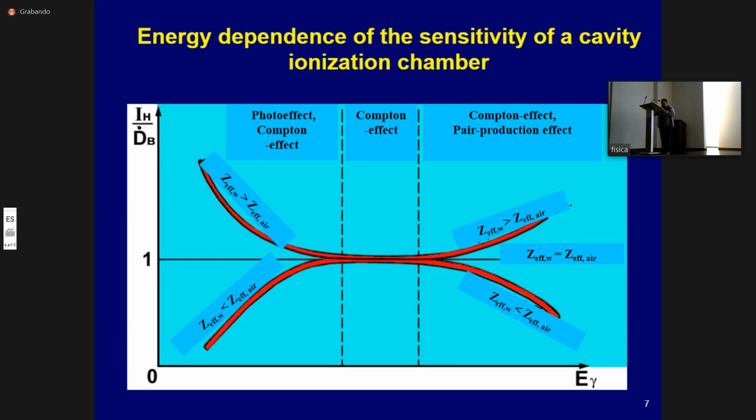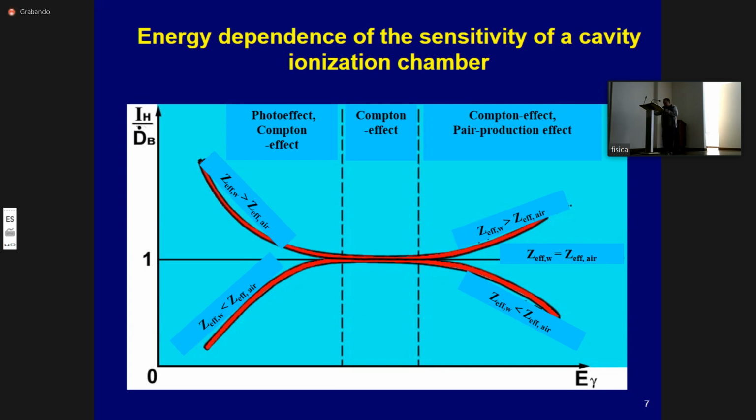A special case of a homogeneous chamber is an air-equivalent chamber, the effective atomic number of the wall of which is equal to the effective atomic number of the air in the sensitive volume of the chamber.